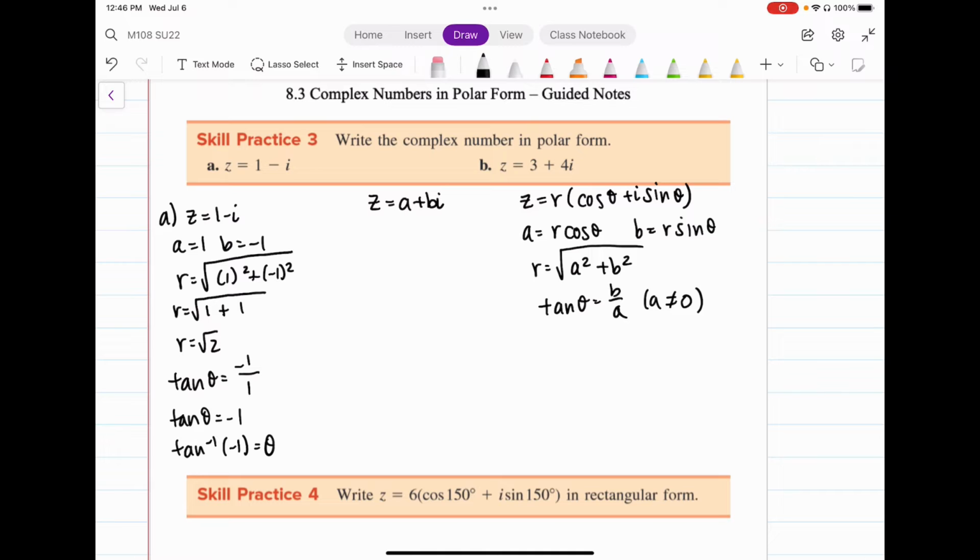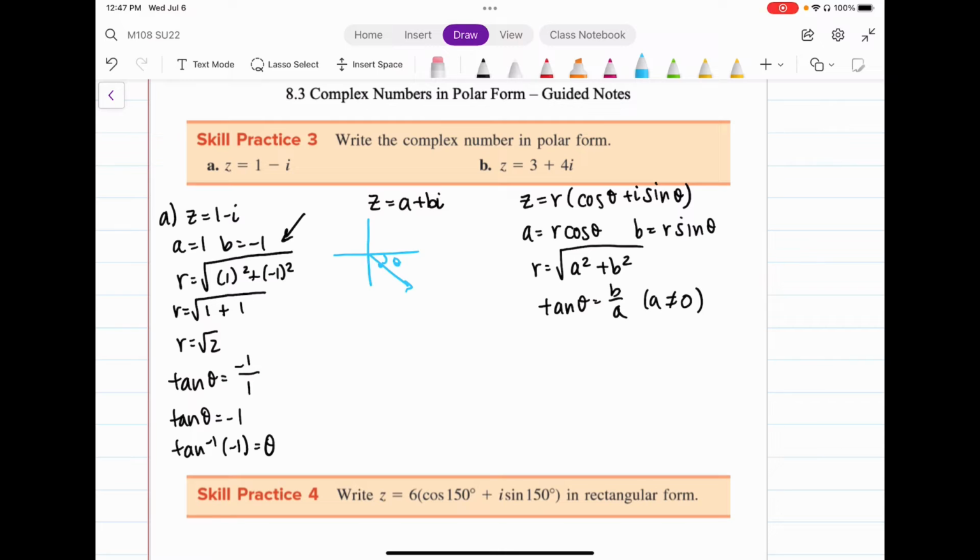Using the unit circle, I need to find when the tangent is equal to -1, but note that our point is in the fourth quadrant because it is a positive a and a negative b. So looking real quickly at this graph, that's the point 1, -1. And so my angle theta is going to need to be in the fourth quadrant.